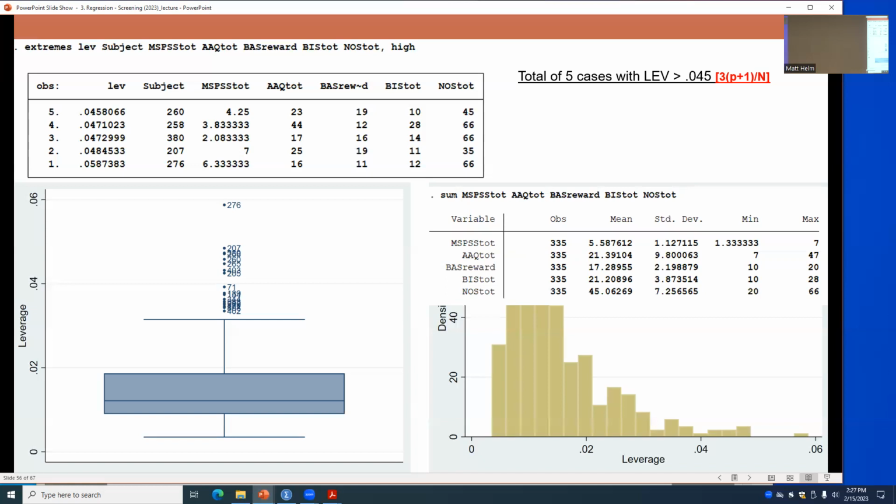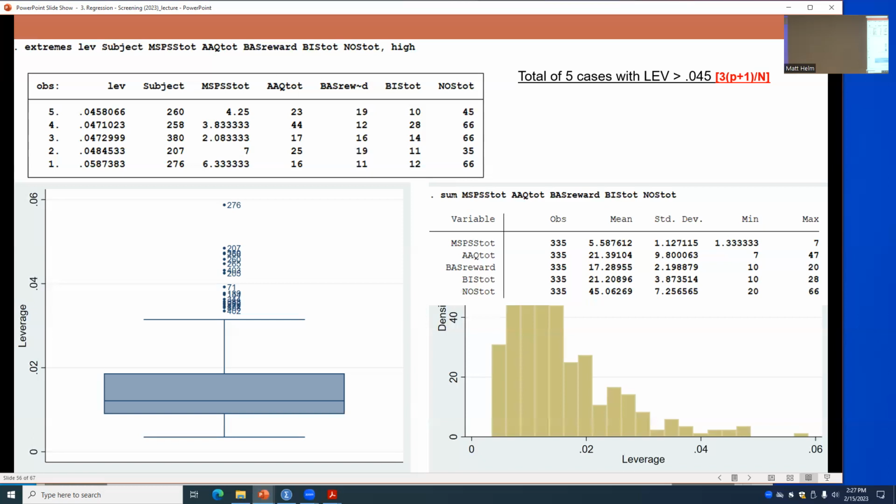I've got a BASH reward score of 11. That's pretty low, particularly given the standard deviation; that's several standard deviations below. And I've got a BIS score of 12, which is super low, and then an NOS score of 66.